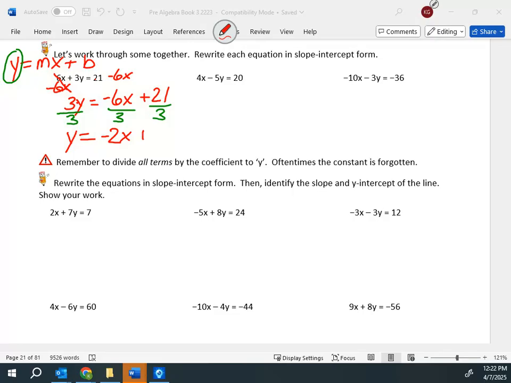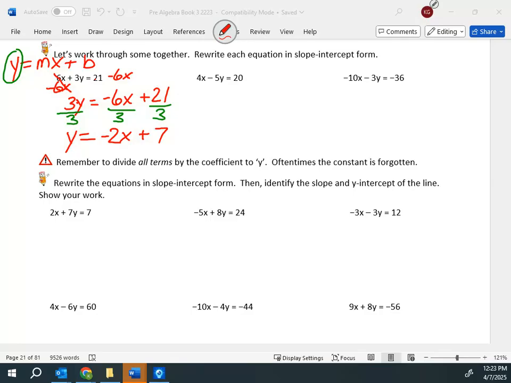So it's still a positive 7. So it's negative 2x plus 7. So we're doing that same opposite operations, adding or subtracting, and then that dividing. So it's new, but not new, right? We're using what we already know to go from the standard form to that slope-intercept form.